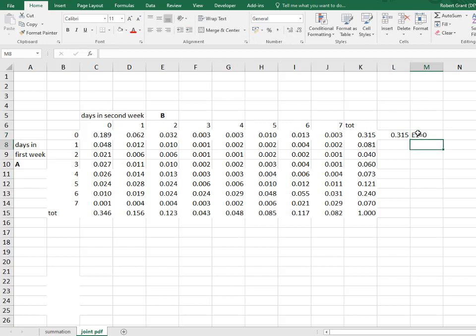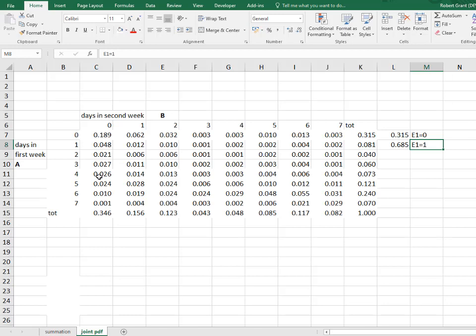But the probability that E1 is equal to 1 is that they got some work during the first week, which is either 1 or 2 or 3 or 4 or 5 or 6 or 7 days. So you have to add all those probabilities up. So that's the chance that E1 is 1, that's the chance that E1 is 0. Okay, so let's just start drawing that out.